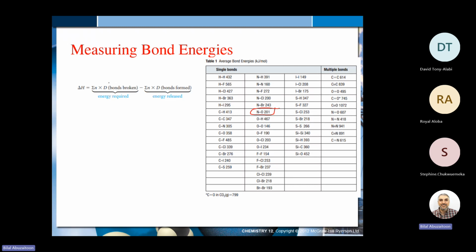If this bond is being formed, it produces this amount of energy, right? If we need to break this bond, we need this amount of energy, right? As we said at the beginning, forming produces energy, exothermic process. Breaking bond, endothermic process, right? Okay, so these values given in the table, you can just use them whenever you need them and whatever you need from this table.